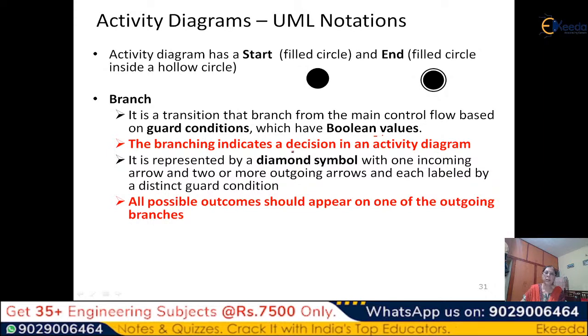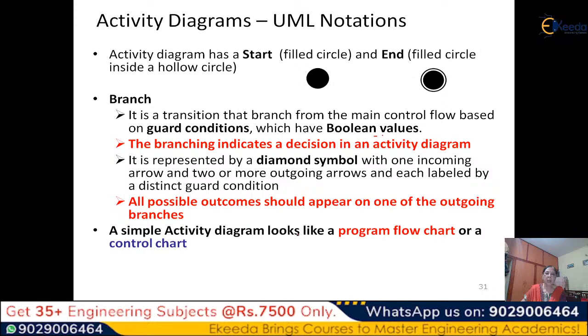This branching will be denoted by a diamond symbol, and it will decide the decision of the activity whenever there is a choice of branching, and all possible outcomes should appear on one of the outgoing branches. A simple activity diagram looks like a program flow chart or a control chart.